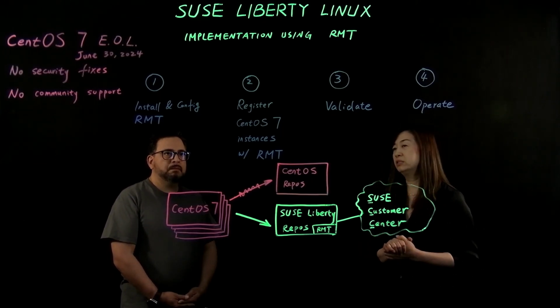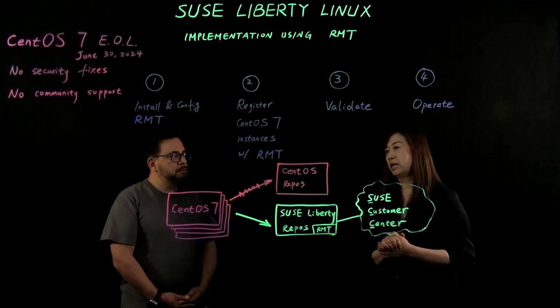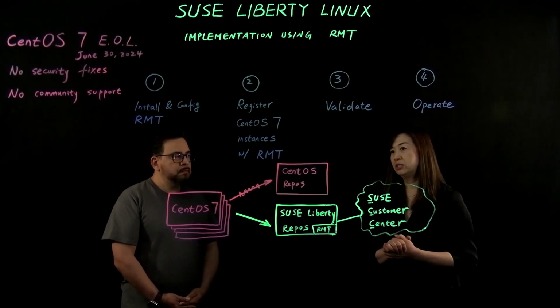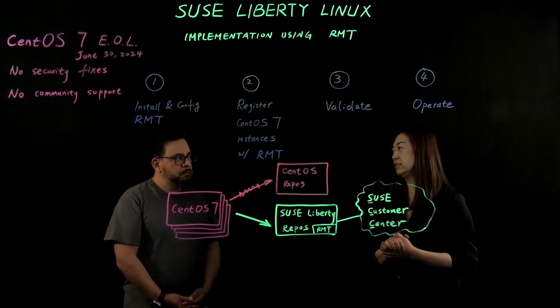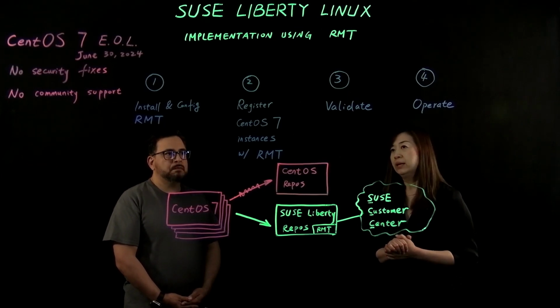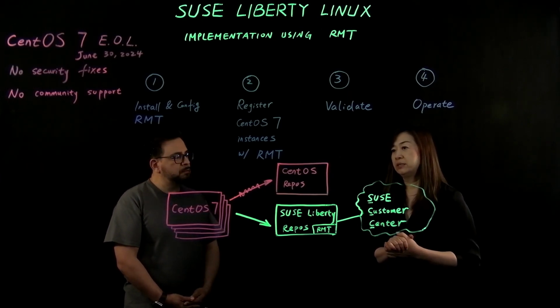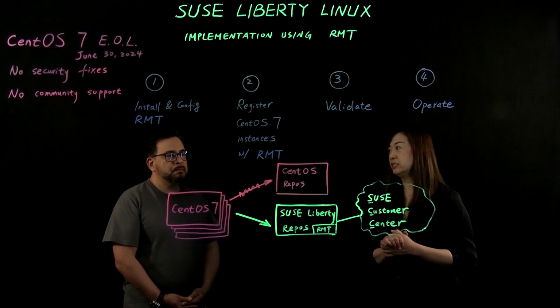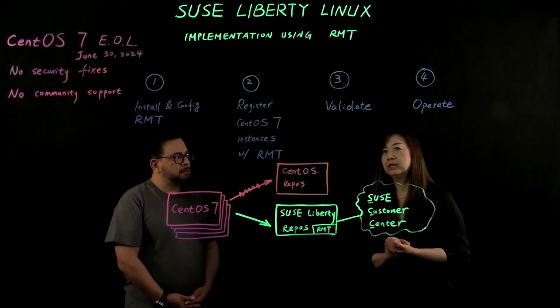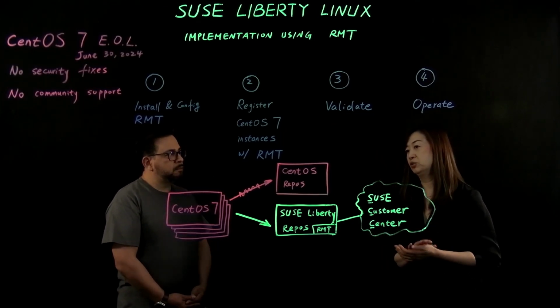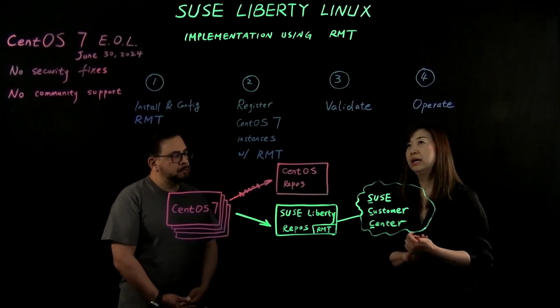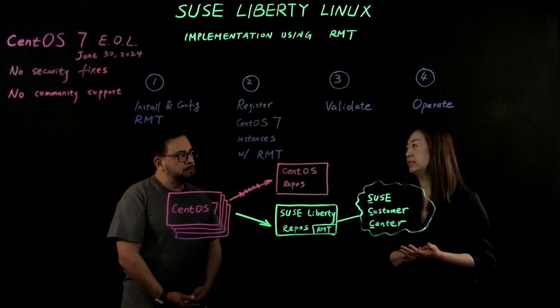Once the local RMT server is up and running, you can register all the CentOS 7 instances with the RMT. The registration process is going to make some changes on the CentOS 7 instances. After the registration, it's no longer a CentOS 7 instance. It becomes a Liberty Linux instance.